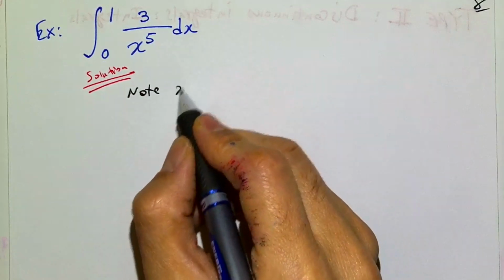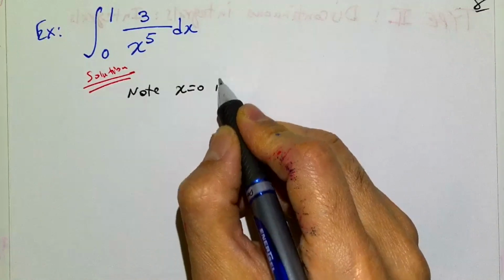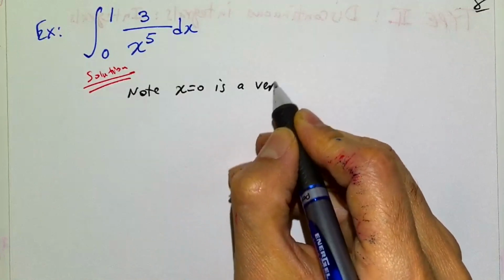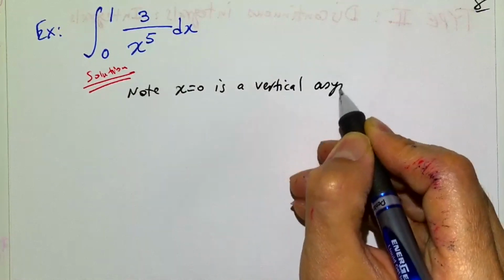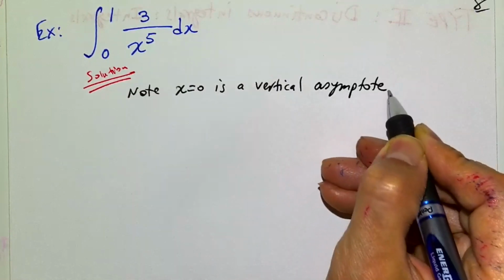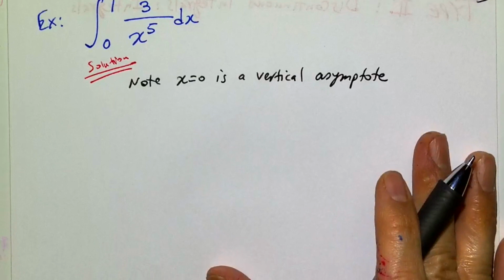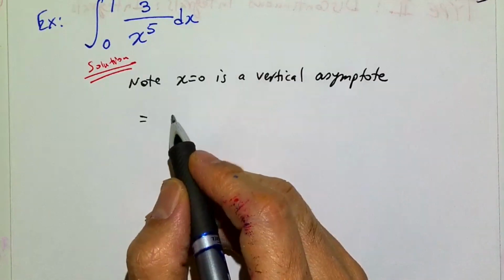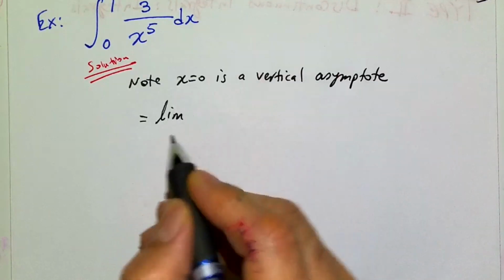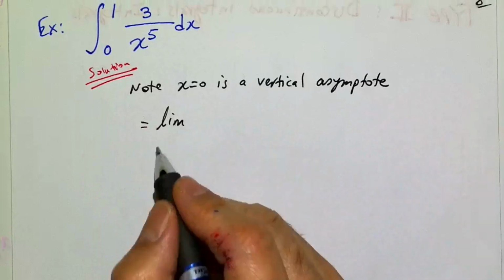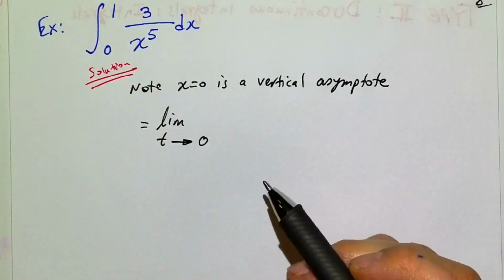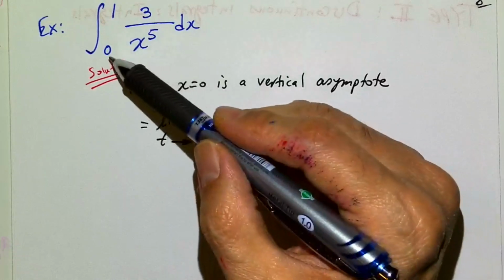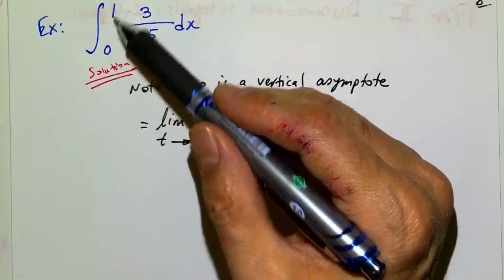So note that x equals 0 is a vertical asymptote. Then we say the limit of that integral as t approaches 0 from the right, since we go from 0 to 1 as the limits of integration.